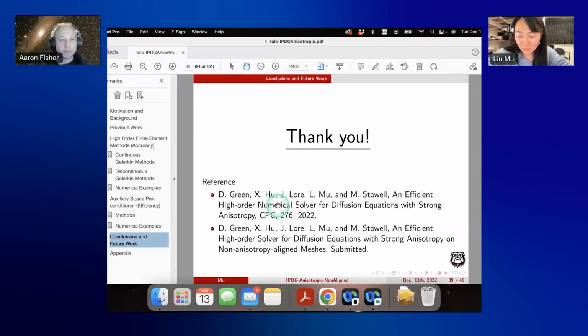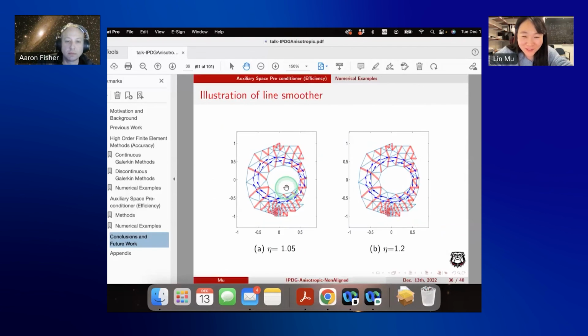I'm wondering if you've looked at the efficiency of developing those line smoothers and how that scales as the mesh size increases. Yeah, I didn't do any test of the efficiency for finding the path cover. I need to ask you a lot of questions about scaling and the parallel implementation. I'm sure we can find a good way to do an efficient implementation.